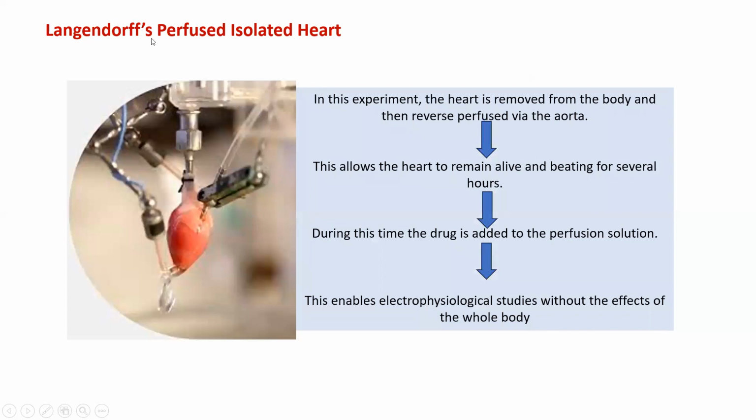The Langendorff apparatus itself is quite a complicated instrument, and here you have to isolate and monitor the isolated heart, and this allows the heart to remain alive and beating for several hours. During this time, the test drug is added to the perfusion solution. The perfusion solution will go through the heart.